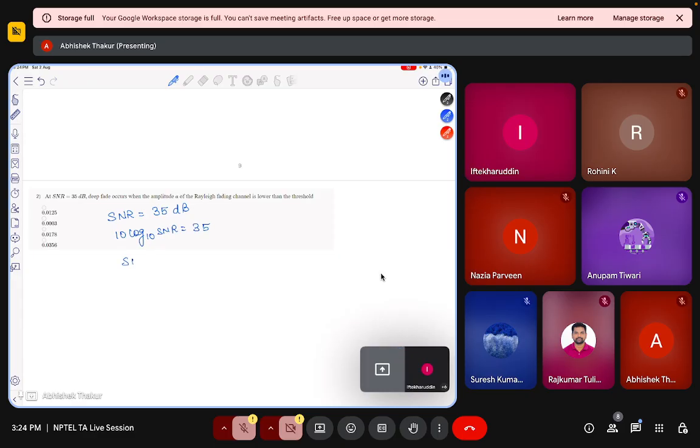So when this 10 comes to this side, we can write log 10 of SNR is equal to 3.5. So SNR is equal to 10 to the power of 3.5.